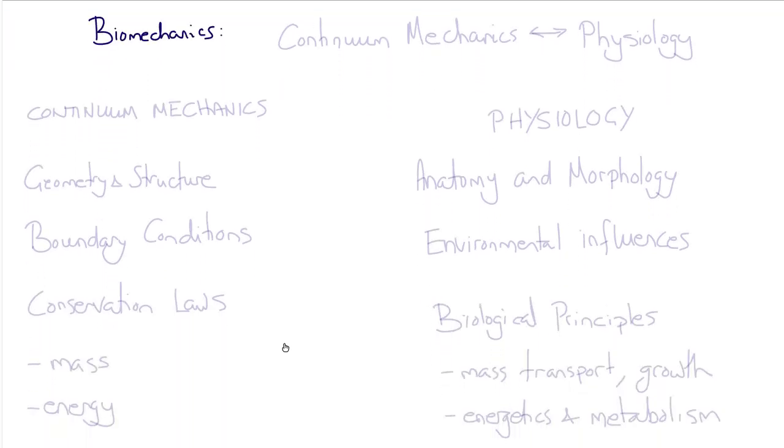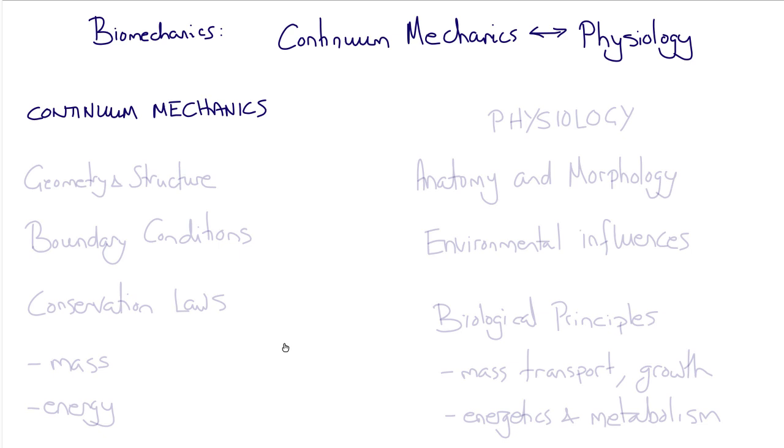So let's look at biomechanics, particularly the biomechanics that we're aiming to focus on at the interface between continuum mechanics and physiology. On the left, let's consider the components of the continuum mechanics problem. And on the right, let's look at the analog in physiology.